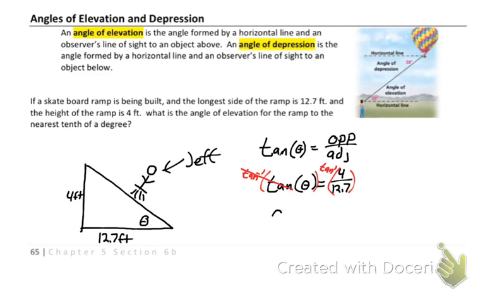And so we're just left with theta equals tan inverse of 4 divided by 12.7, which, rounded to the nearest tenth of a degree, I got 17.5 degrees. Good? All right, you have 2 homeworks.